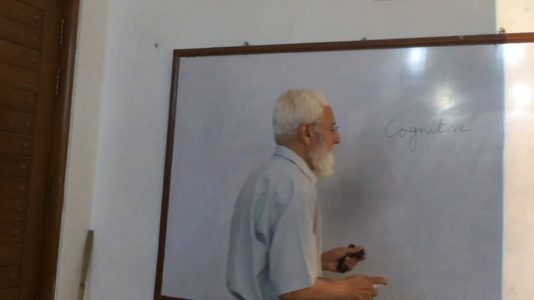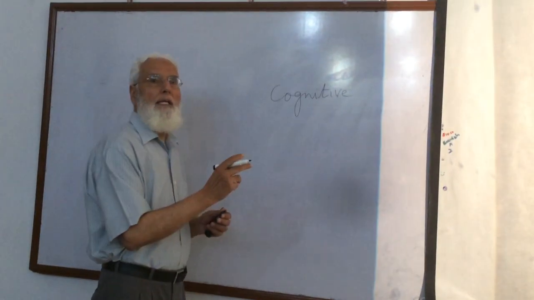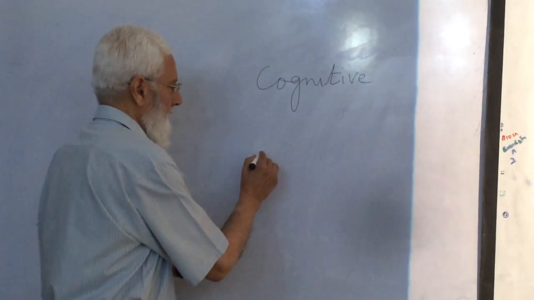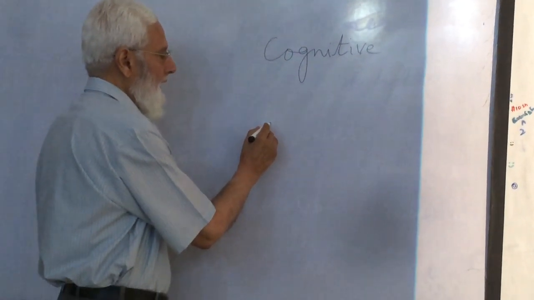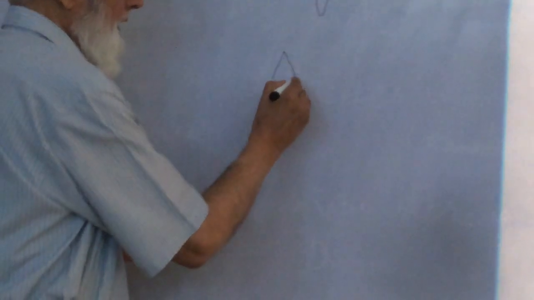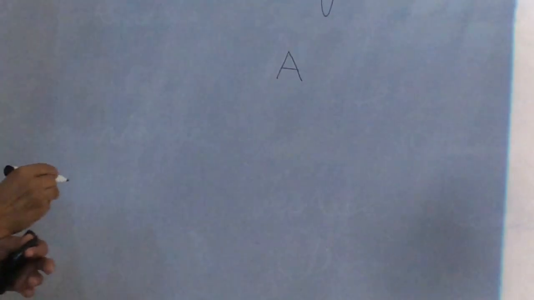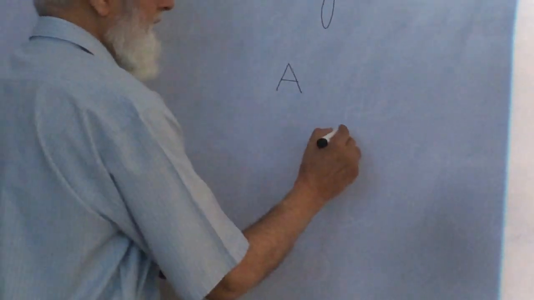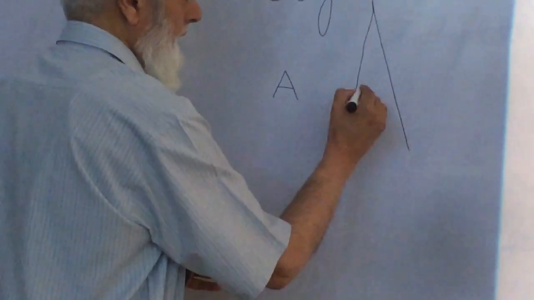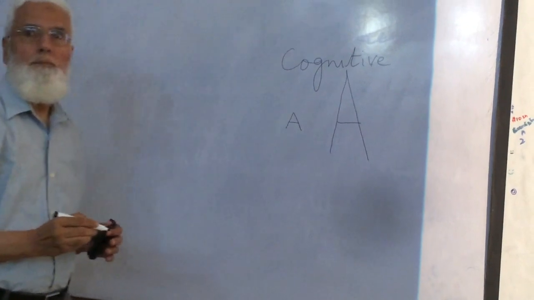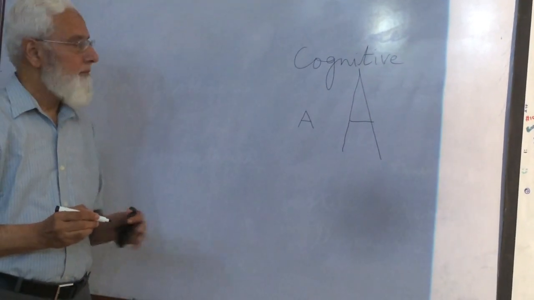Now, a person wants to write letter A, right? He can write letter A of this size. He can write letter A of this size, right?